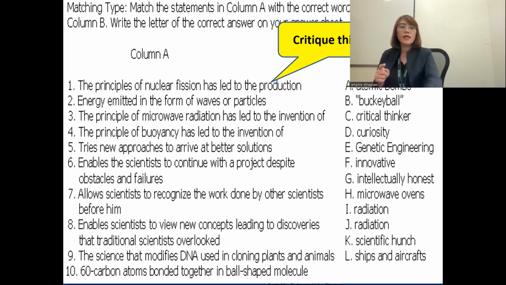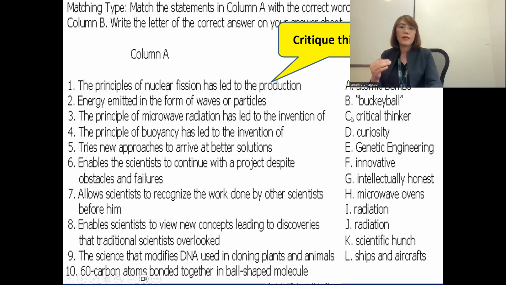Because if you look at it, the principle of buoyancy has led to the invention of principle of buoyancy. So it cannot be intellectually honest, it cannot be a microwave oven, because it's a principle. It cannot be ships and aircraft.